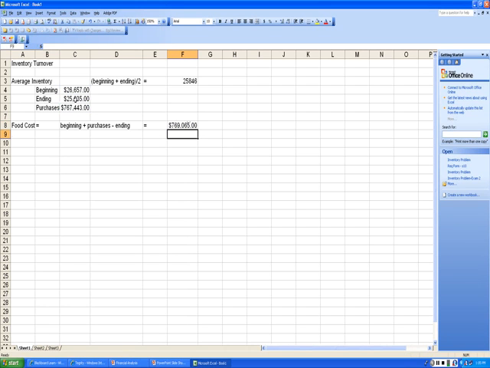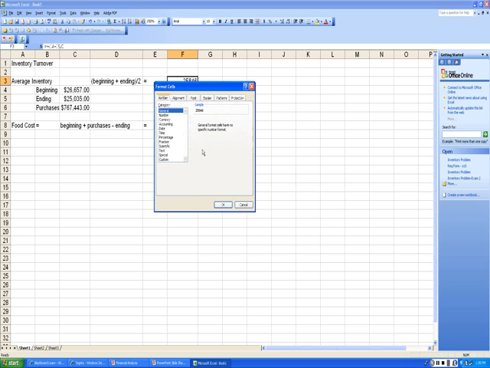So our food cost for this fiscal year was $769,065. Make that pretty too.